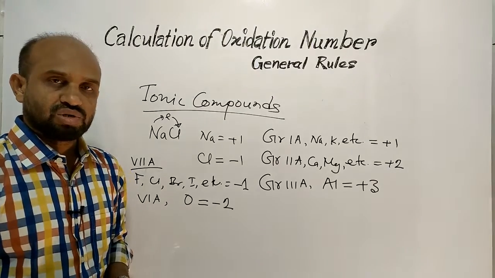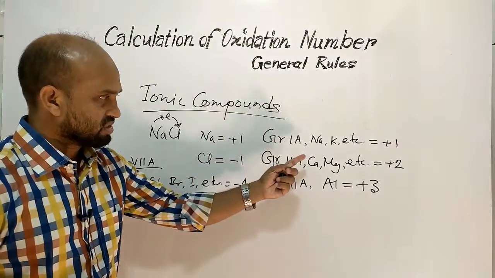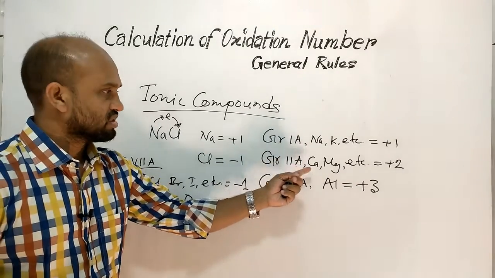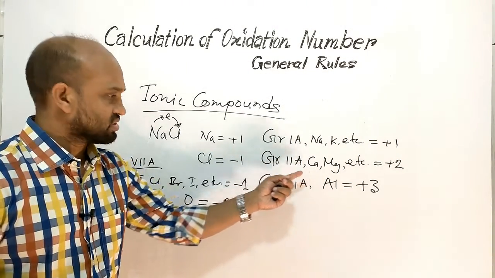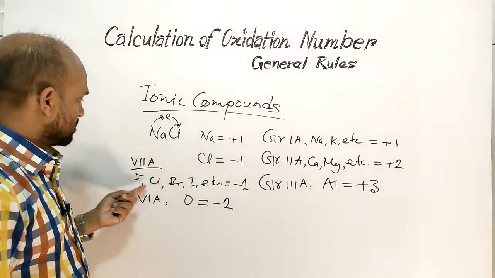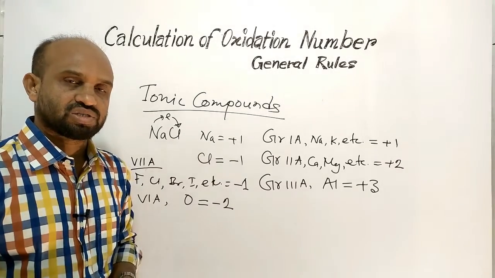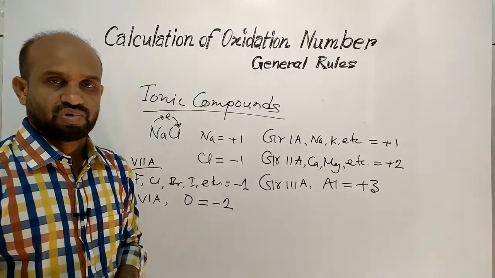For the ionic compounds formed by these elements, alkali metals, alkaline earth metals, or elements belonging to 7A, 6A, the oxidation numbers are of this type.